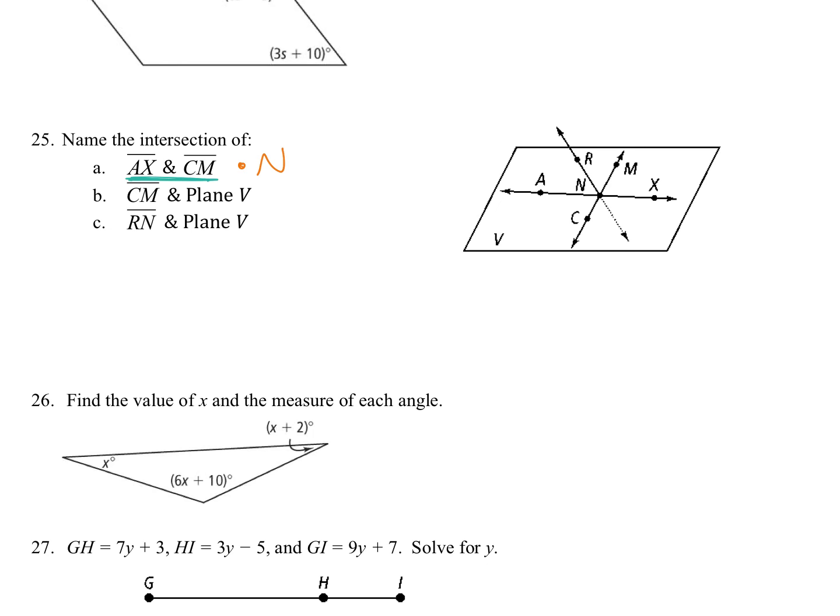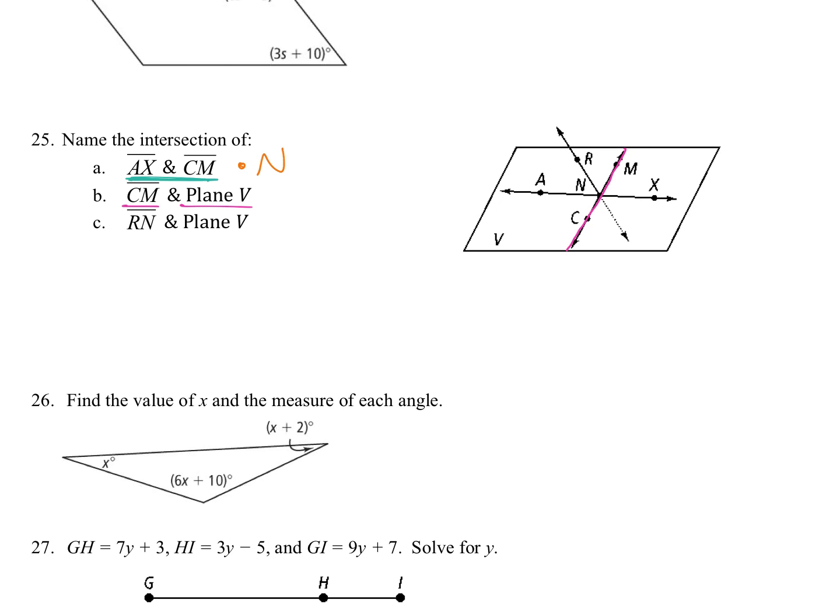Okay. Then you look at CM with plane V. Now notice CM is a solid line. What does a solid line mean versus a dotted line? It rests on the plane. A solid line is on the plane itself. A dotted line goes through, okay? So CM is on the plane, and here's my plane. Where does my Apple Pencil and my plane connect? The Apple Pencil, right?